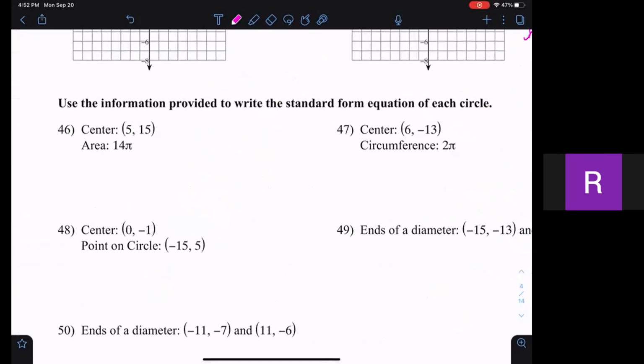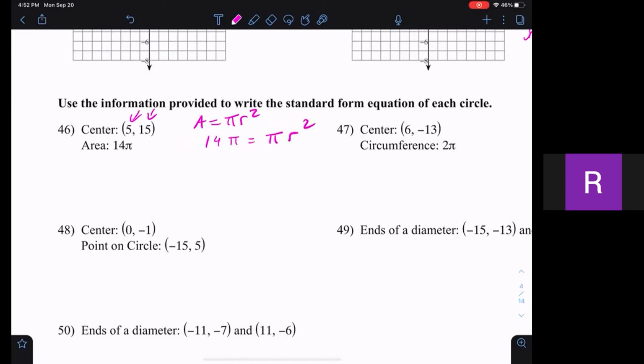This is the same thing, right? So this one is area equals, area of a circle is pi r squared. They give you the center already, you just need to find the radius. So the area is 14 pi, and this is pi r squared.